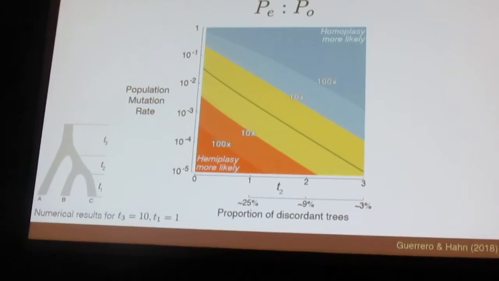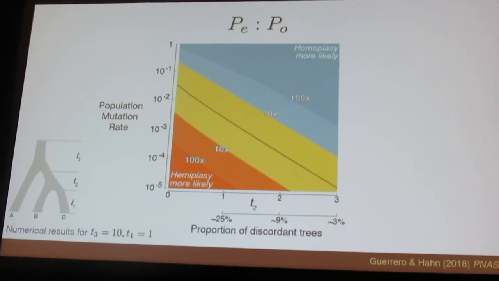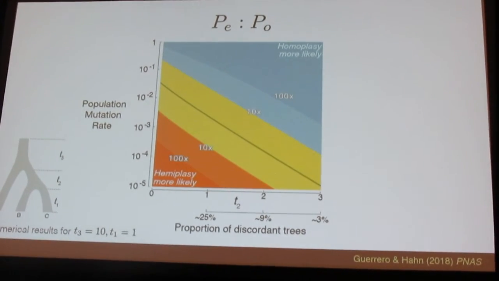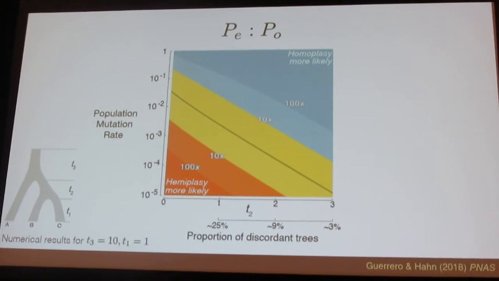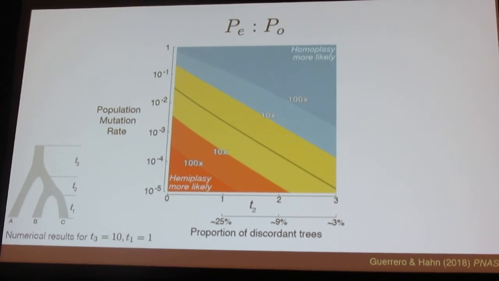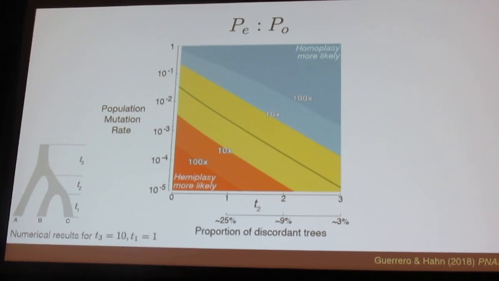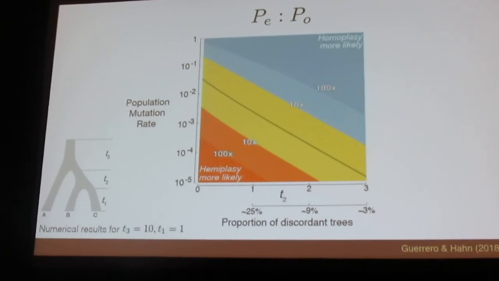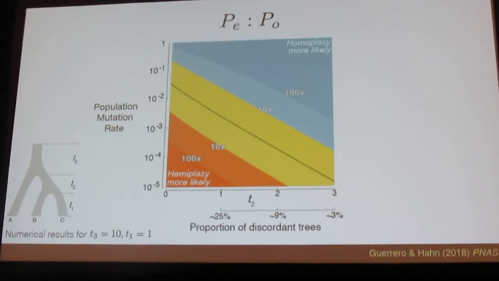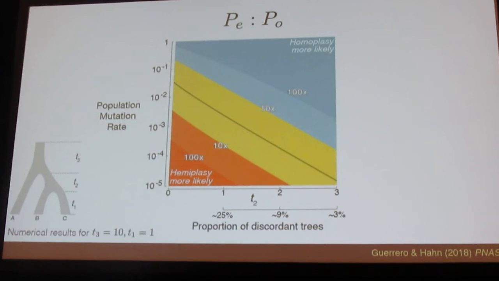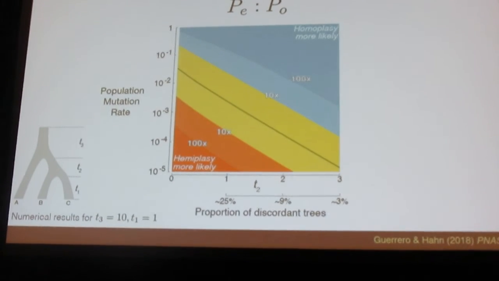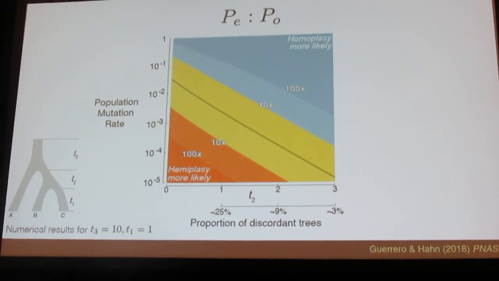Just to give you a relative idea of how big T2 is in those very arbitrary 1, 2, 3 coalescent time units, it is proportional to something like 25, 9, or 3% of discordant gene trees in your phylogeny. And I think those values are pretty common in inferences of real phylogenies.